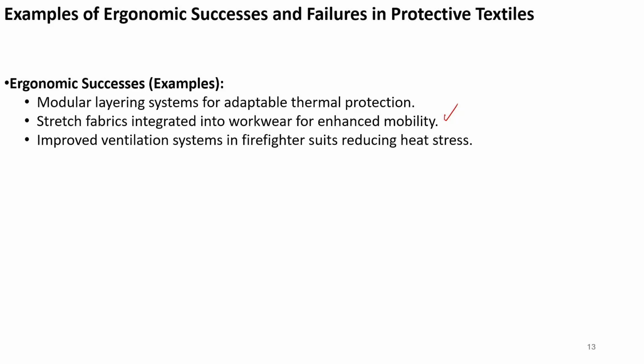Third, improved ventilation systems in firefighting suits, which will reduce heat stress. In firefighting, if we can introduce some improved ventilation system, then heat stress and moisture vapor transmission will not be restricted.